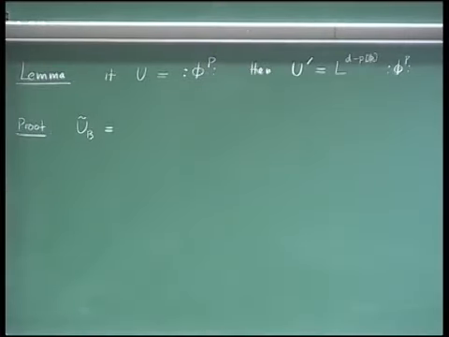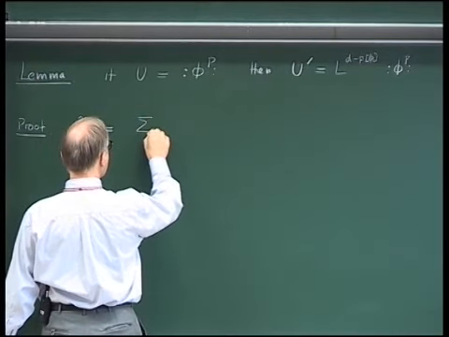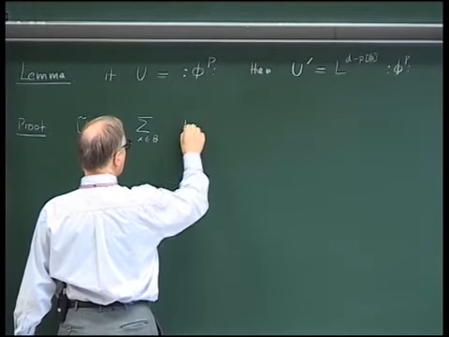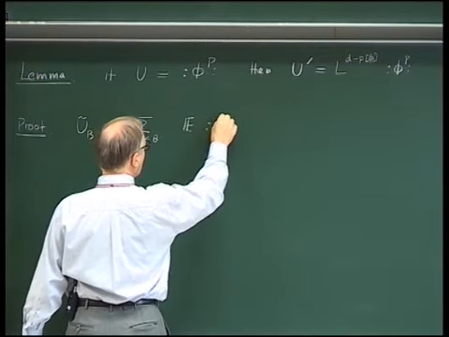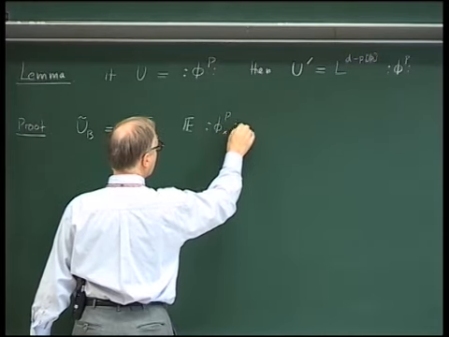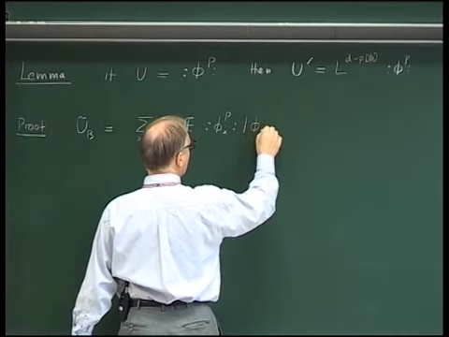U tilde sub b, formula up there, is the sum over x in b of the conditional expectation of phi to the power of p at x holding phi 1 fixed.